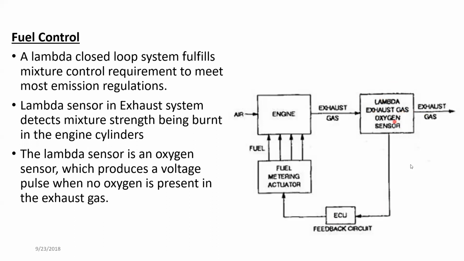Based on that, it provides a signal to the ECU. That's our feedback signal. The feedback signal comes into the ECU, and based on that the ECU decides whether the fuel has to be increased or reduced.